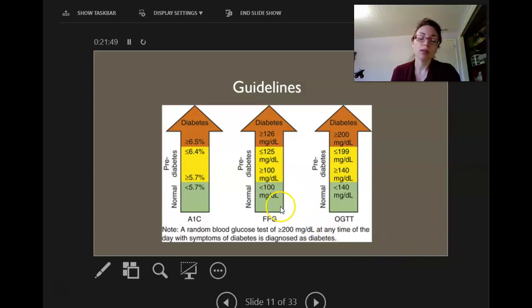So when I was pregnant, for example, I did the fasting plasma glucose, and I've never had any prediabetes or anything like that.